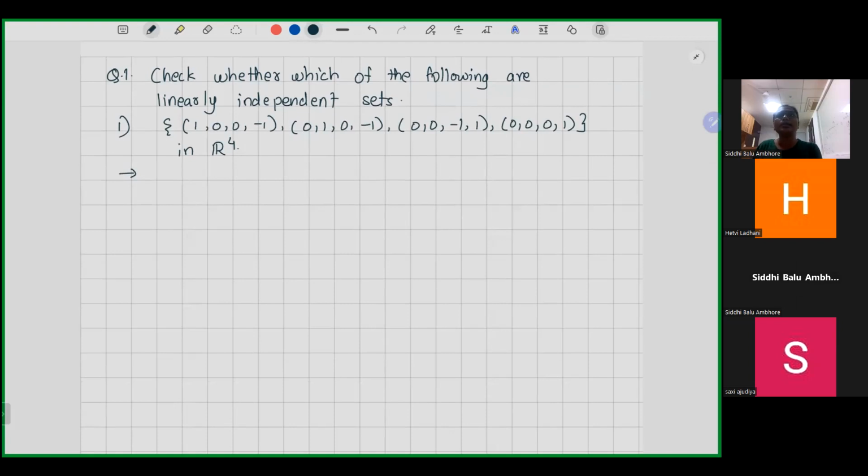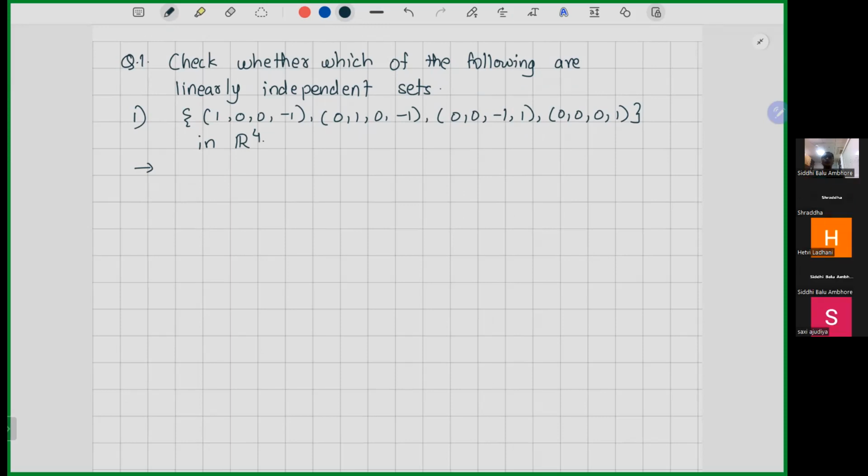So any guess? You know what linearly independent is, right? Something which is not linearly dependent. When we say something is not linearly dependent, it means that if I write a linear combination of these elements over R, then all the coefficients or scalar multiples of these vectors must be 0. That is called linear independence of a set. So let us check.